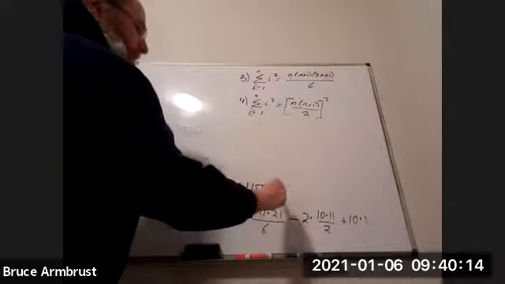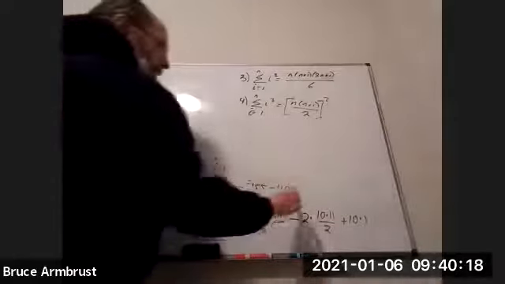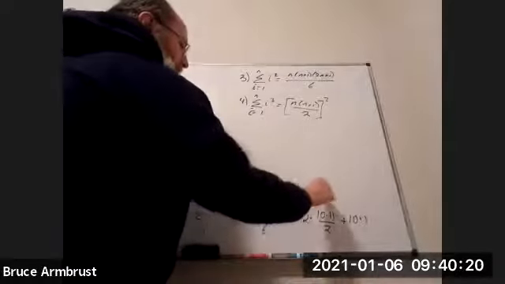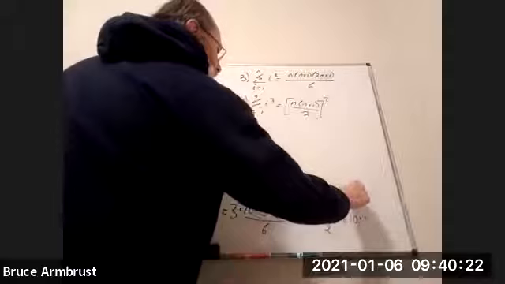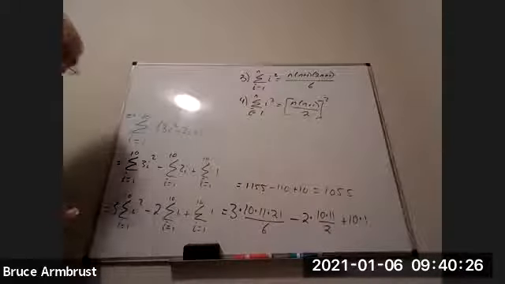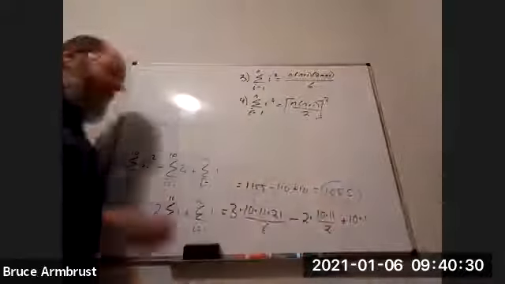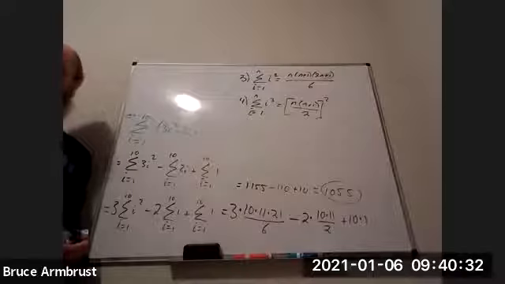I get 10 times 11, which is 110. And then I get to add 10 more. And if I did those numbers correctly, which I'm not terribly confident on right now, I get 1055. You are correct. Yes. All right.